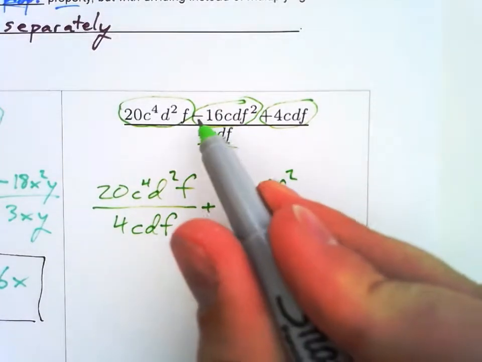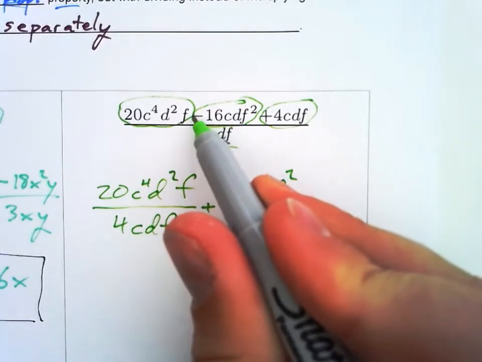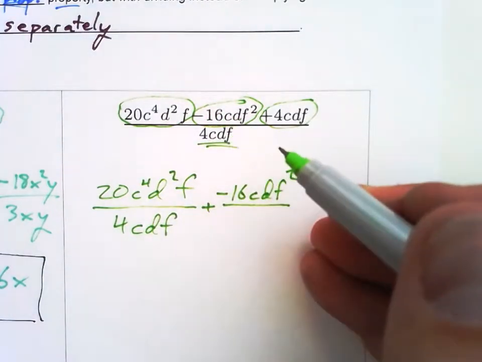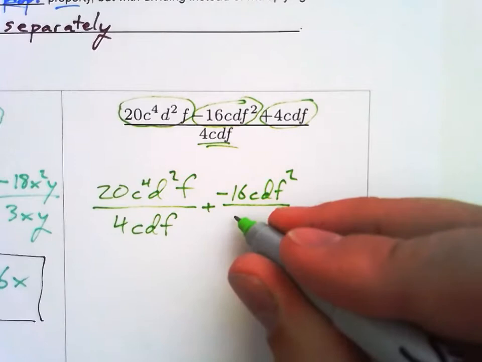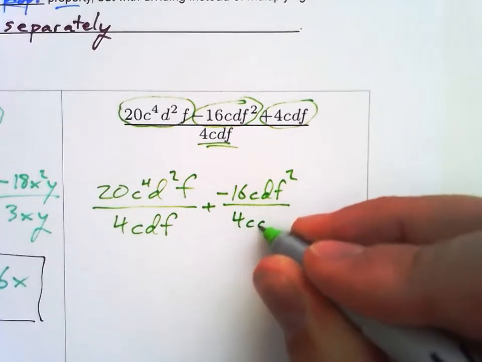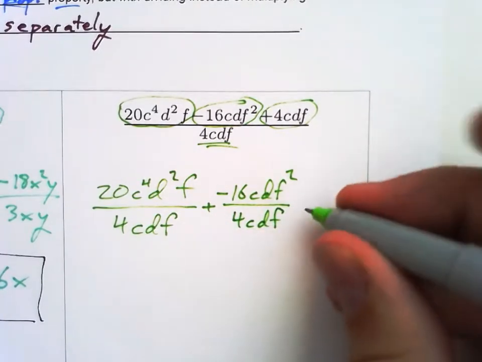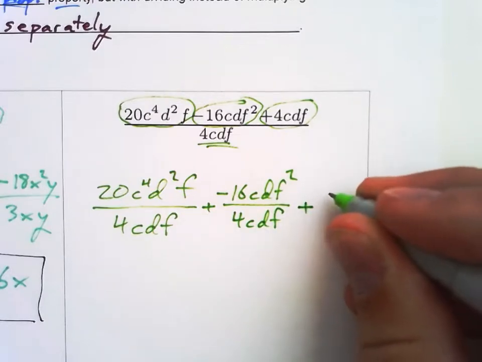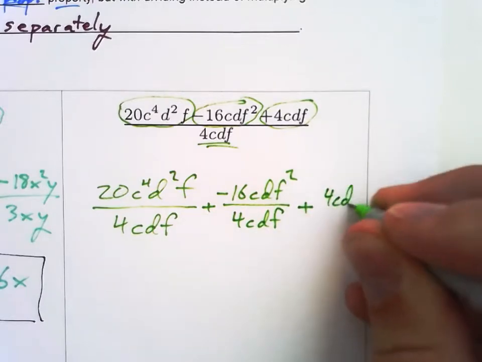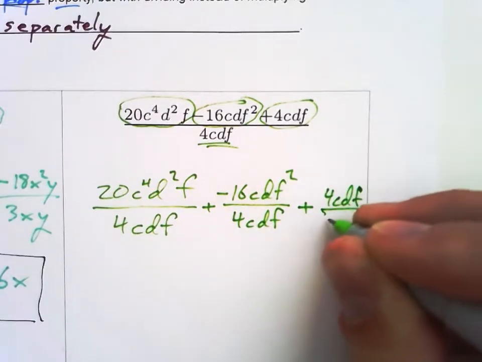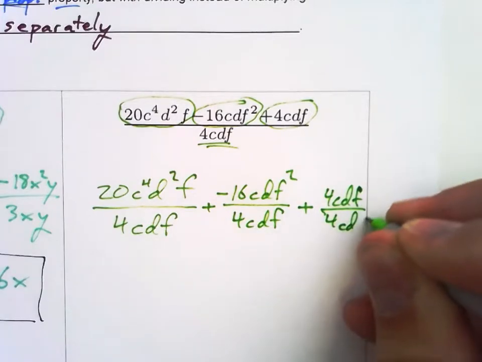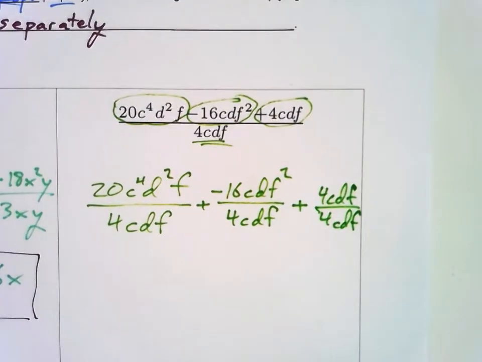Okay, whenever you have a subtraction sign, you can always change it to plus negative. That can help you not mix things up. So when in doubt, I would suggest just do that. Plus 4CDF over 4CDF. Okay.